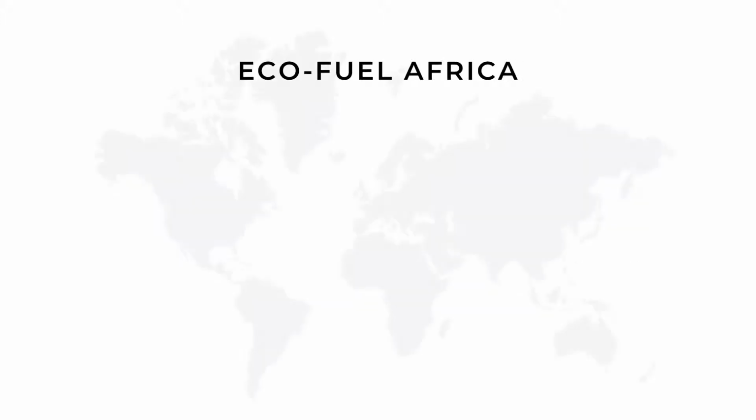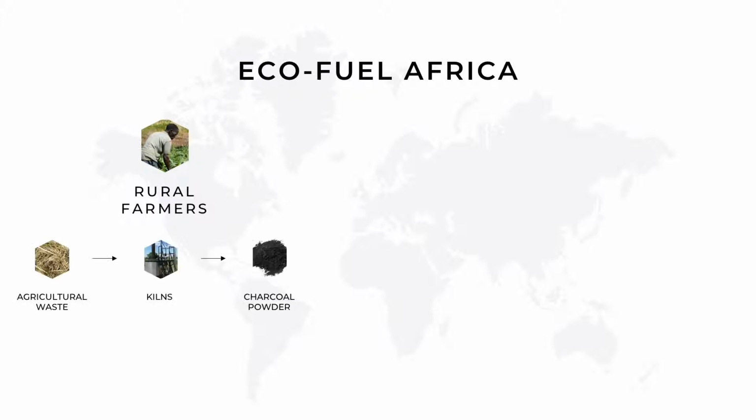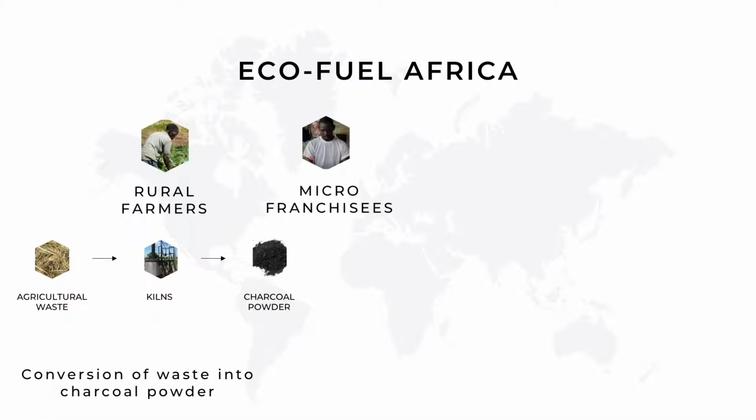In the case of Ecofuel Africa, EFA, different actors are in charge of different steps of the transformation process. The rural farmers collect the agricultural waste and convert it into charcoal powder using kilns. The micro-franchisees convert the charcoal powder into charcoal briquettes.